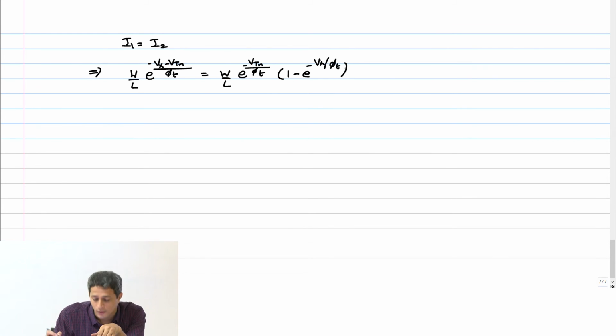Phi t? Now, cancel everything, which implies Vx is phi t ln 2.